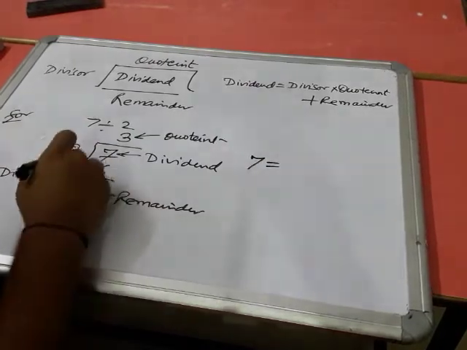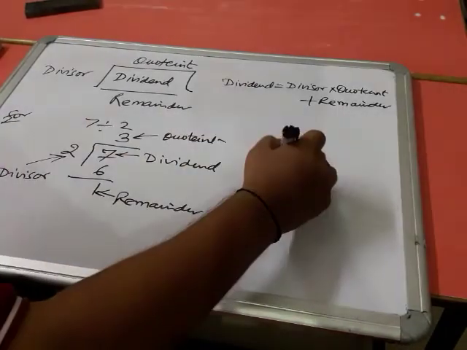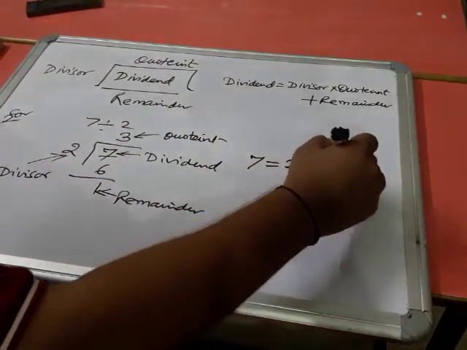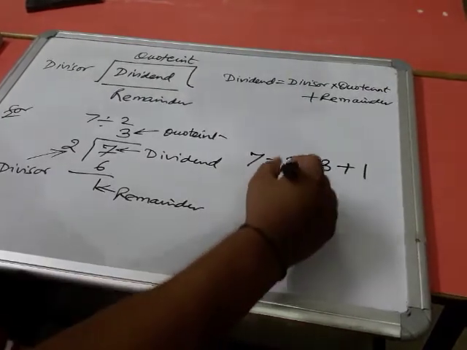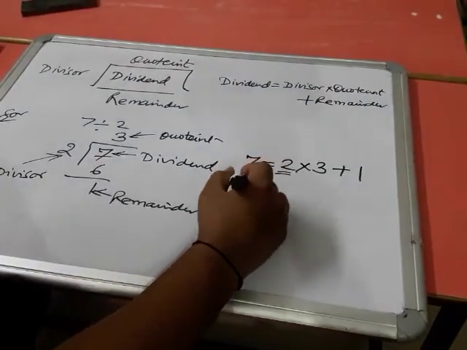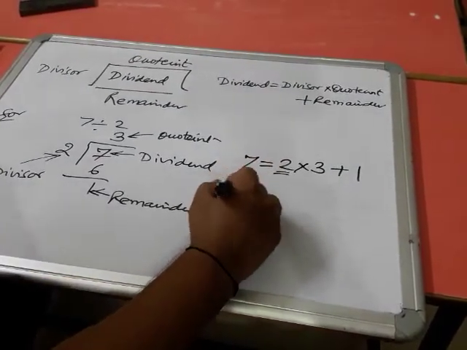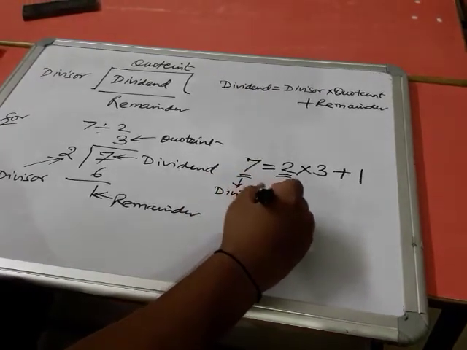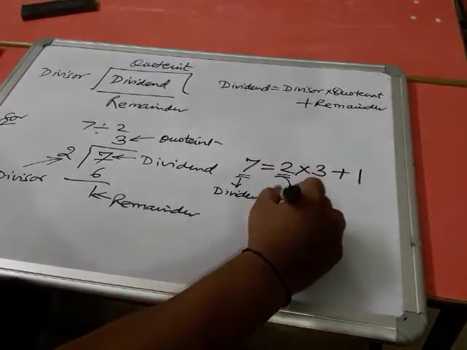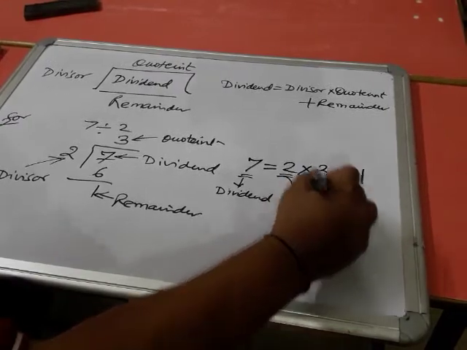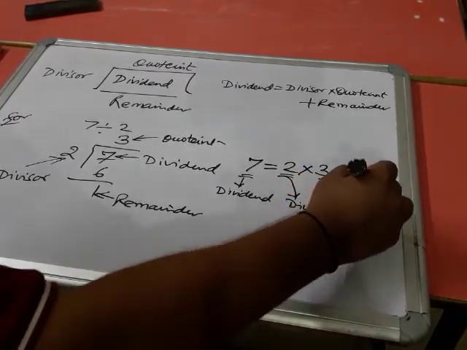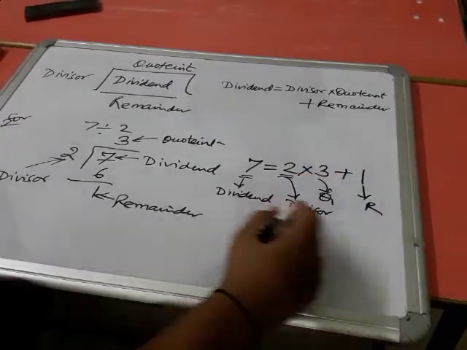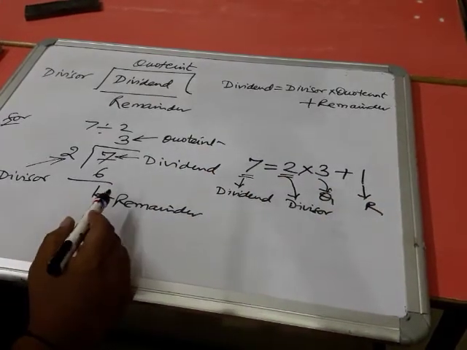Dividend equals divisor into quotient, where 2 is the divisor and 3 is the quotient, 2 threes are 6, plus 1 as the remainder. So this is the division algorithm.